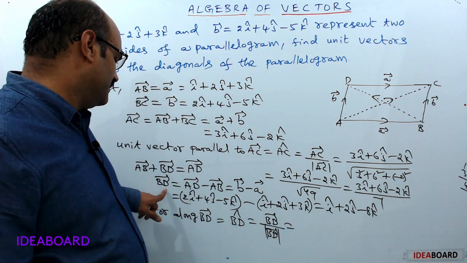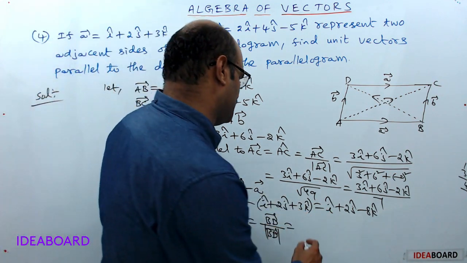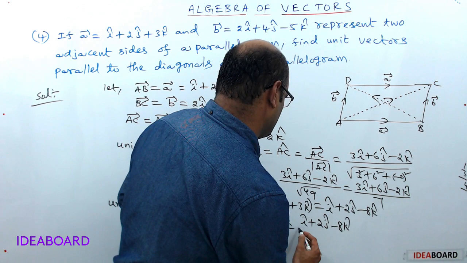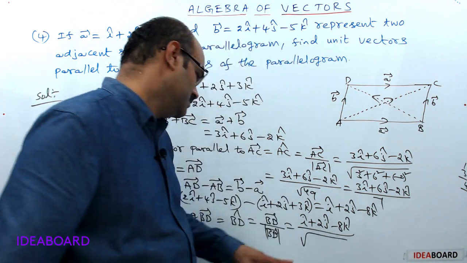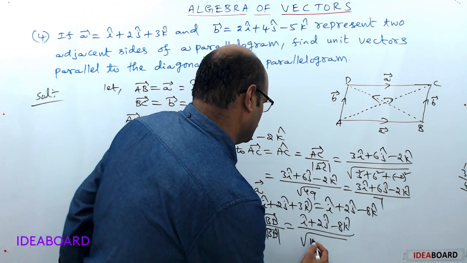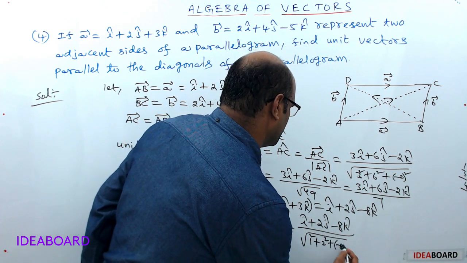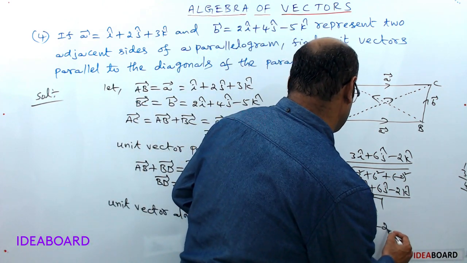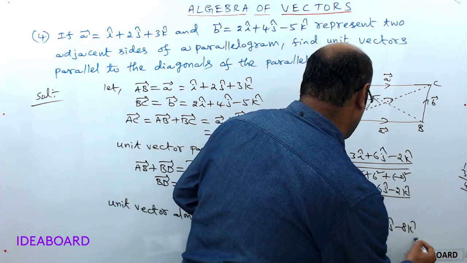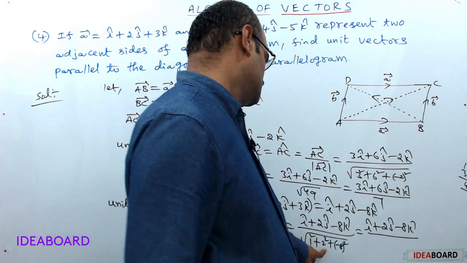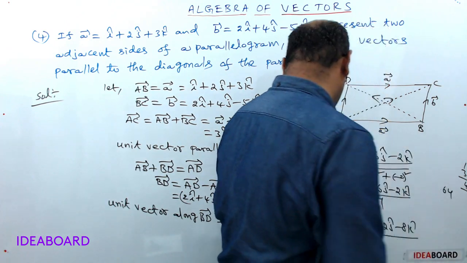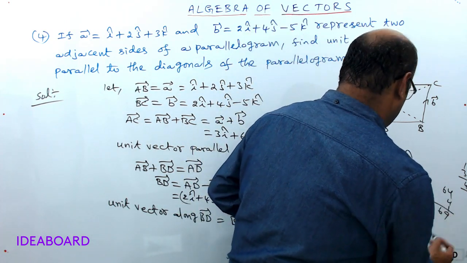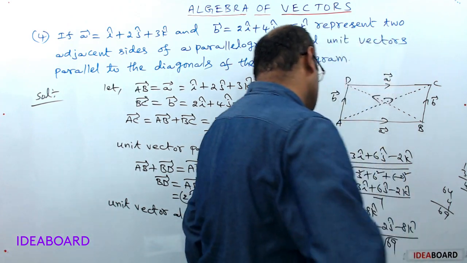Here BD vector equal to i cap plus 2j cap minus 8k cap upon square root of 1 square plus 2 square plus minus 8 whole square, equal to i cap plus 2j cap minus 8k cap upon square root of 64 plus 4 plus 1, square root of 69.